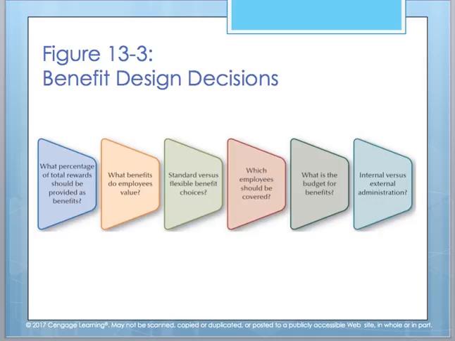And the standard versus flexible benefit choices, which employees should be covered, what is the budget for these benefits, and what are the internal versus external administration of these budgets. And these are the 6 decisions that every HR department or HR professional should weigh with senior management.